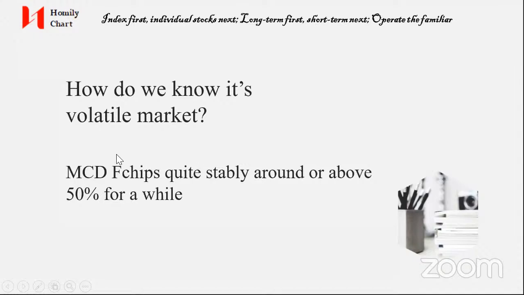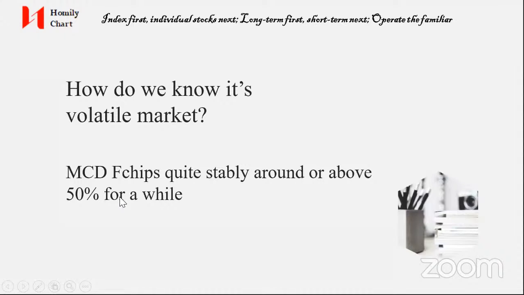If you see the F chips are quite stably above or around 50 or even 75 for a while, this kind of stock belongs to the volatile type. So if you want to know whether or not this is the volatile type, you can check the multicolor dragon.